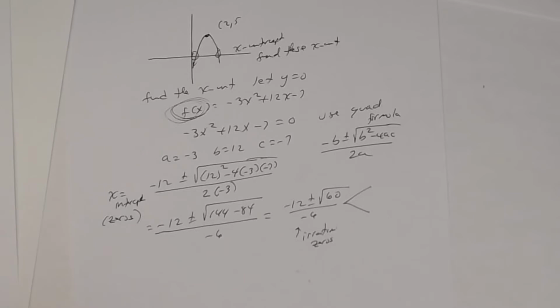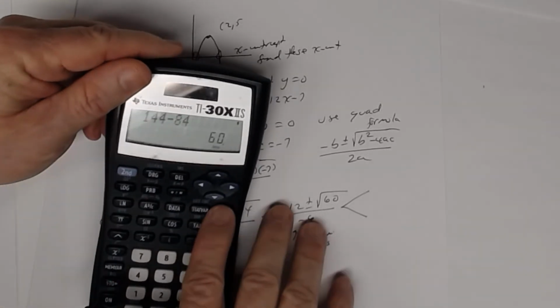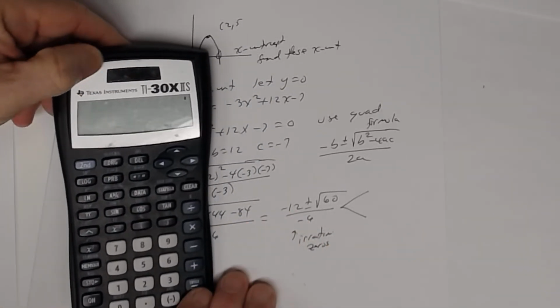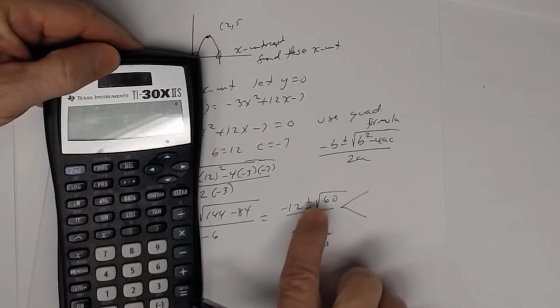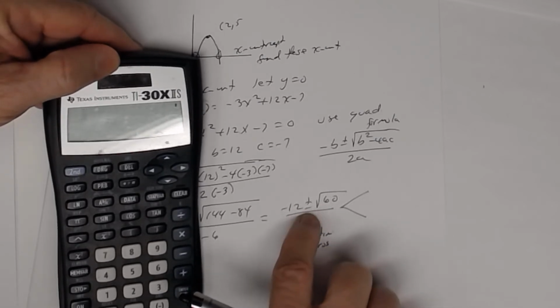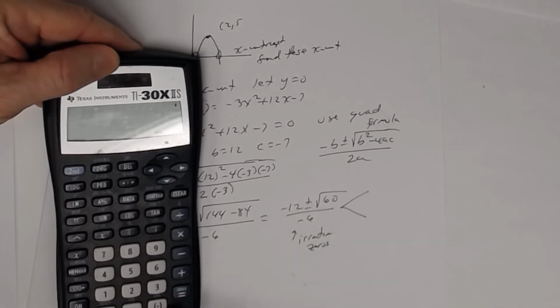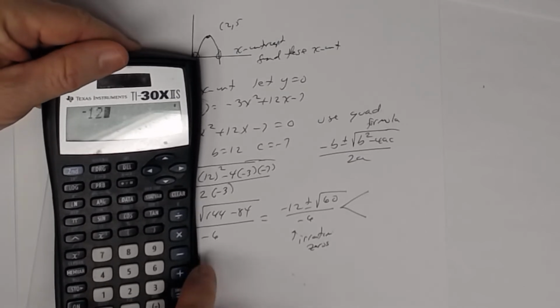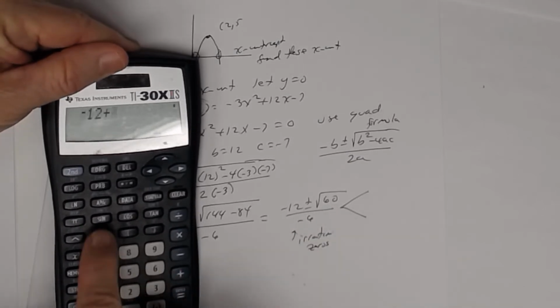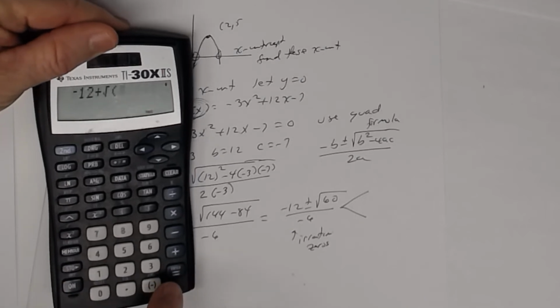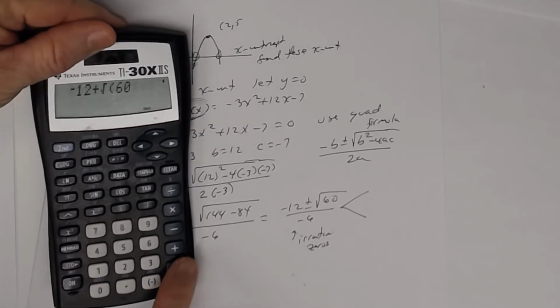Now let's remind ourselves how to do that on the calculator. Look carefully, we're going to do the numerator first. Remember, there's a plus and a minus here. Let's do the plus first. So negative 12 plus the square root of 60, press equal. That's the numerator.